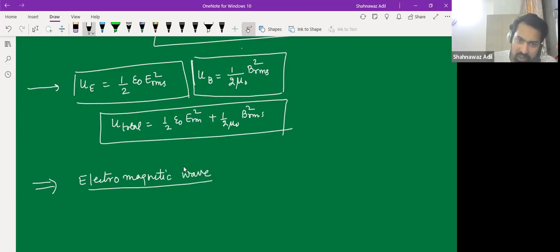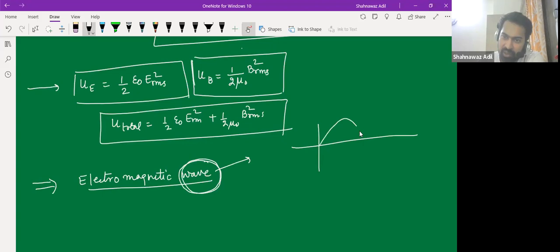So what is the physical quantity that is associated with a wave? If you have a wave, what is the physical quantity that you relate it with? How do you represent a wave?